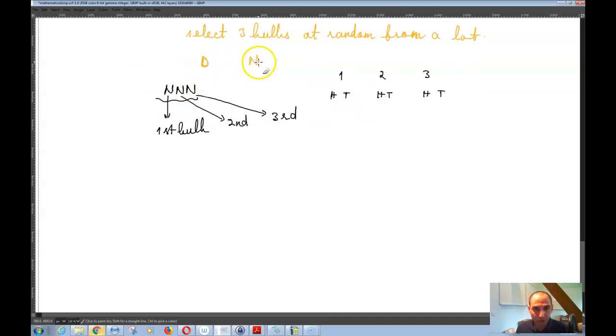Here, every time that you pick a bulb, you have either defective or non-defective.